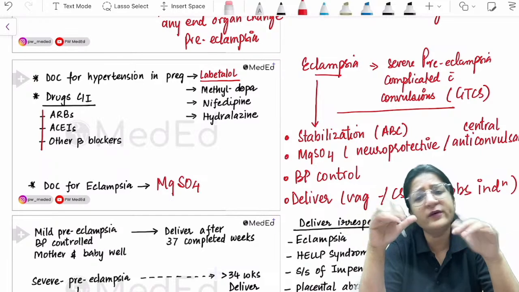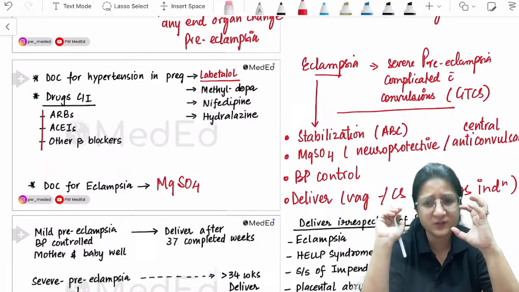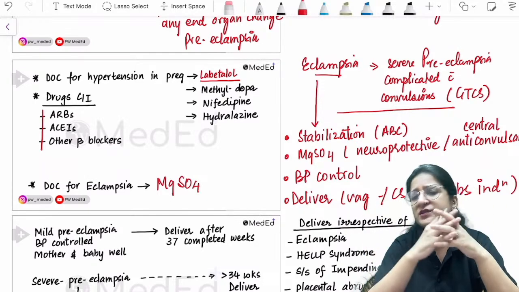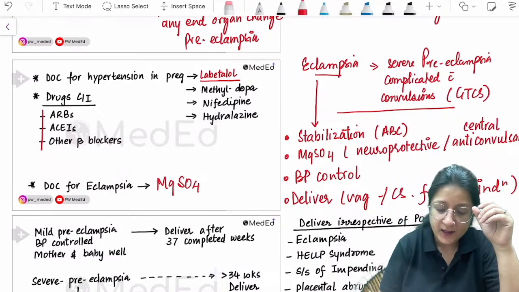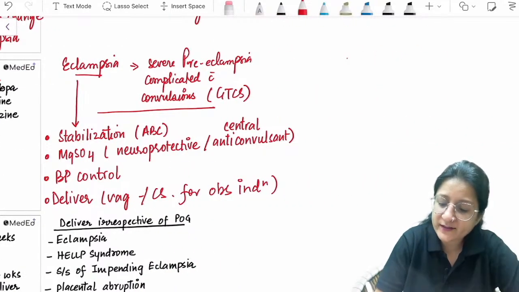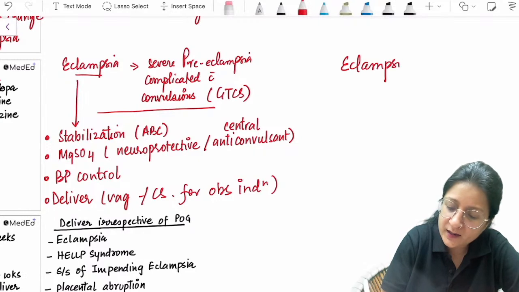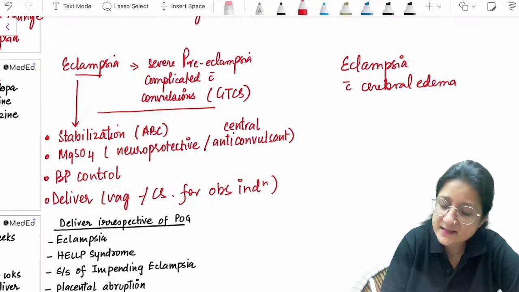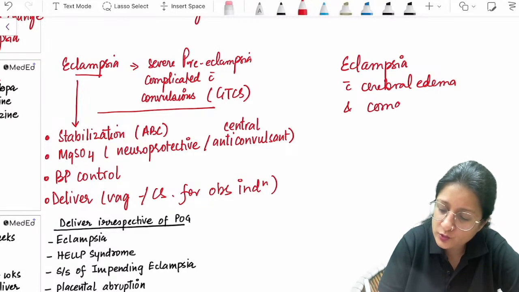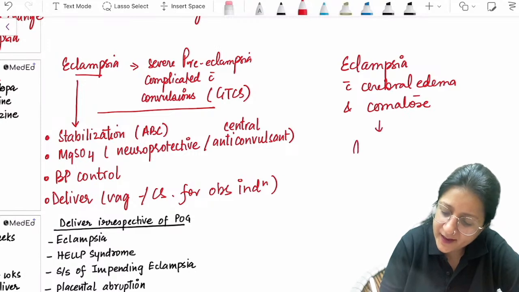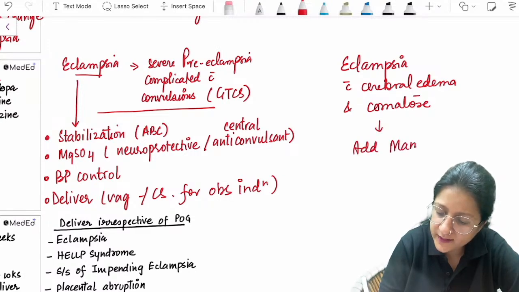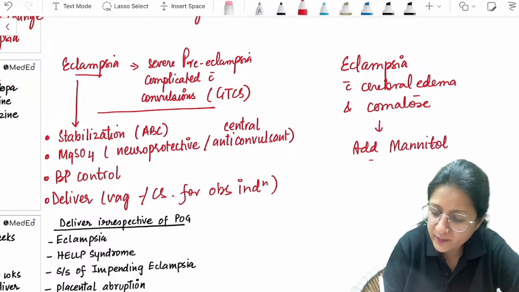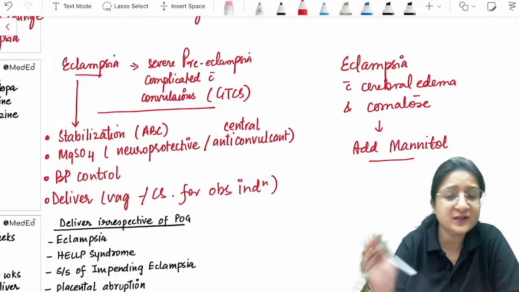This is true for any person who's had a convulsion. But if there is a woman with eclampsia with cerebral edema, documented on a CT scan, and she is comatose, then we generally add mannitol also to the therapy. Mannitol for treatment of cerebral edema is added.